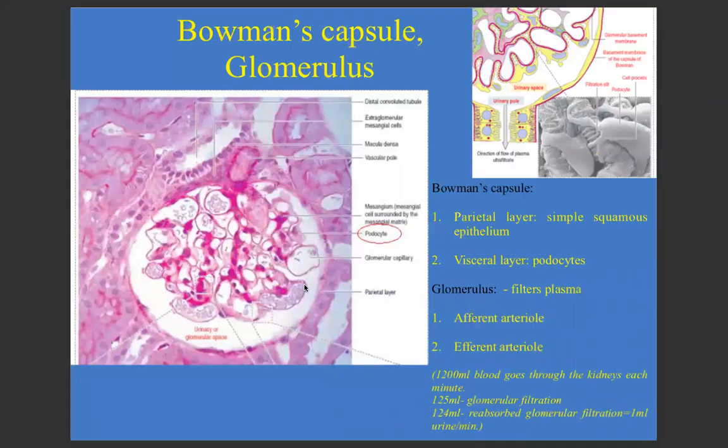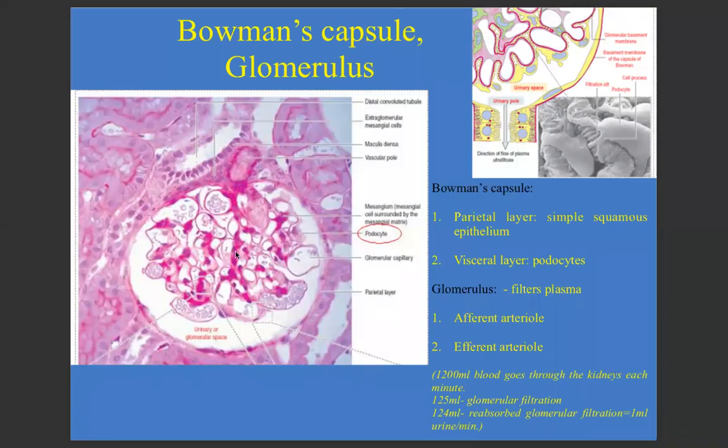So a glomerulus represents a vascular loop surrounded by a simple squamous epithelial lining. That's the parietal layer of the Bowman's capsule. And onto the surface, we have cells. So these nuclei belong to the podocytes.